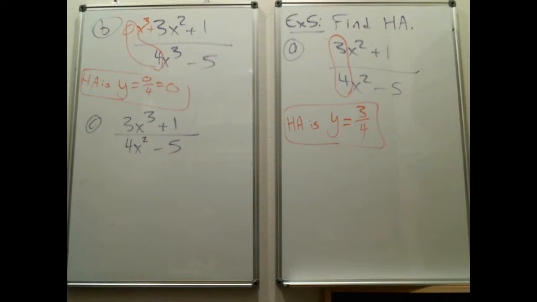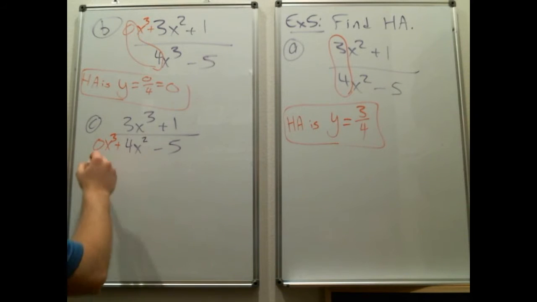Now it's so small you can barely read it, but that's a 2. So now, since the degrees are not the same, I need to make them the same by adding in an x cubed on the bottom with 0 as its coefficient.